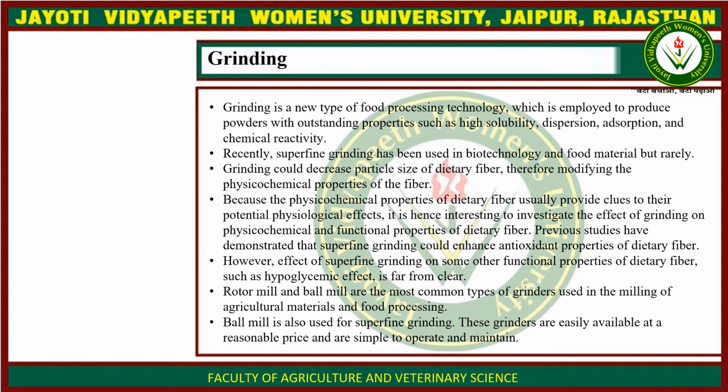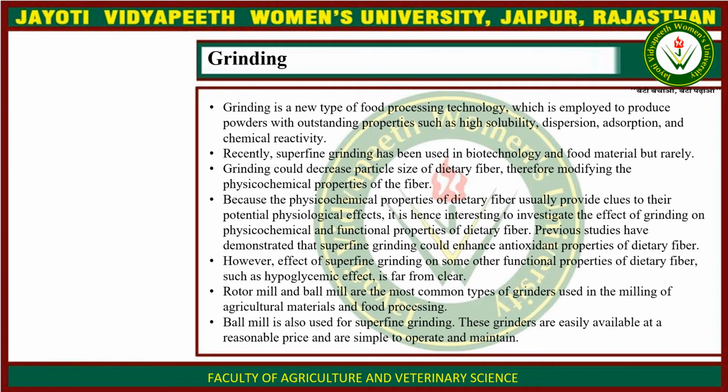Because the physico-chemical properties of the dietary fiber usually provide clues to their potential physiological effects, it is interesting to investigate the effect of grinding on the physicochemical and functional properties of the dietary fiber. Previous studies have demonstrated that superfine grinding could enhance antioxidant properties of the dietary fiber.